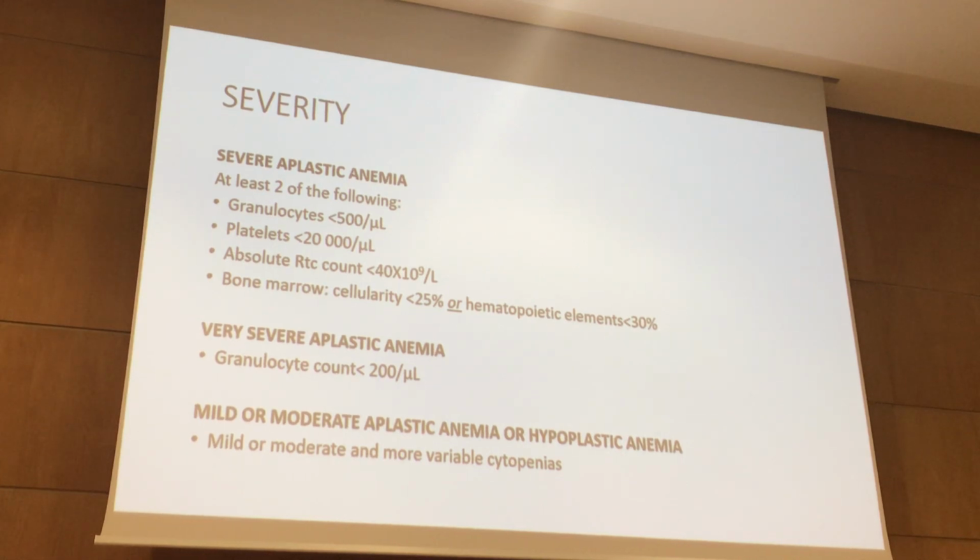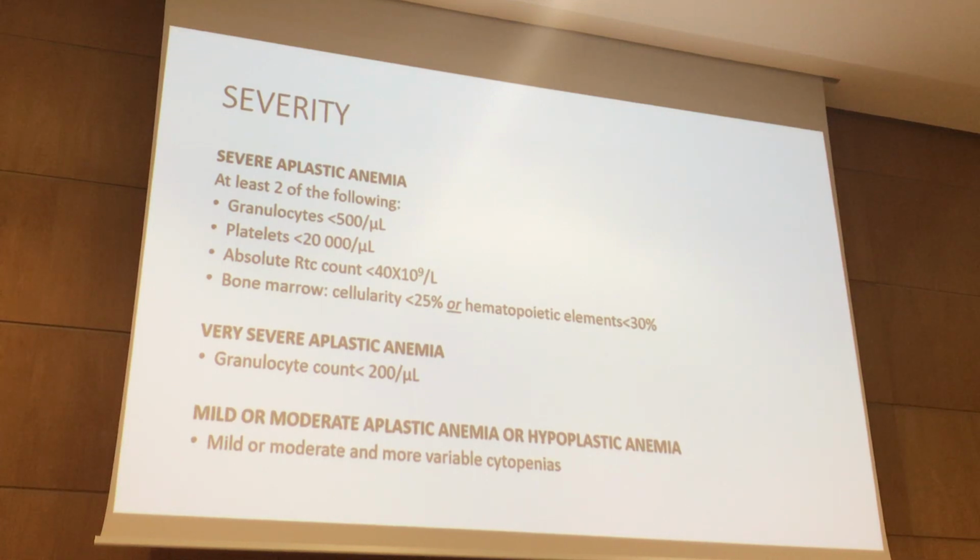If the complete blood count findings and bone marrow cellularity show at least two of the following, it is considered severe aplastic anemia: granulocyte count below 500, platelet count below 20,000, absolute reticulocyte count below 40, and bone marrow cellularity below 25%, or hematopoietic elements below 30%.